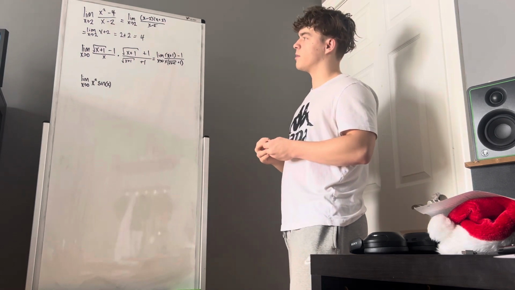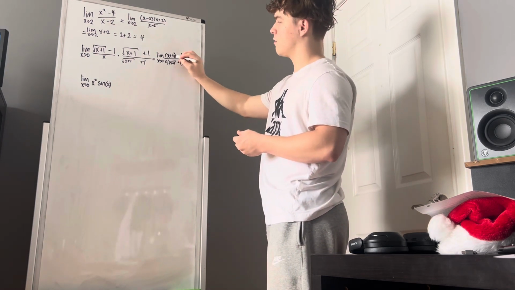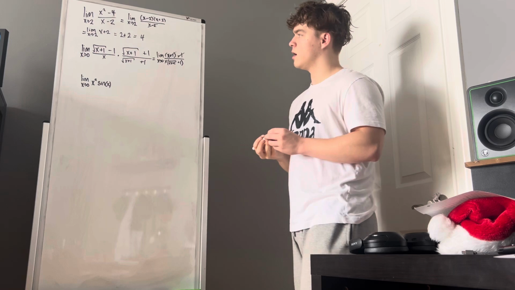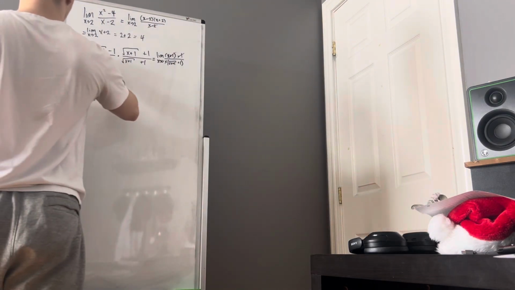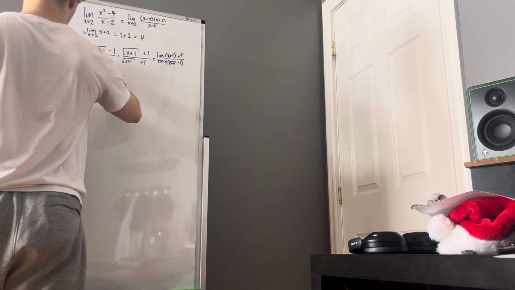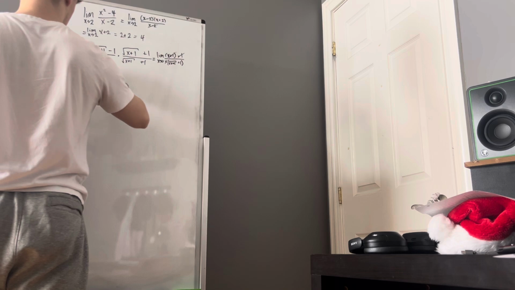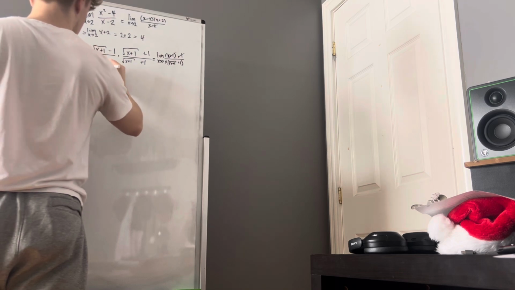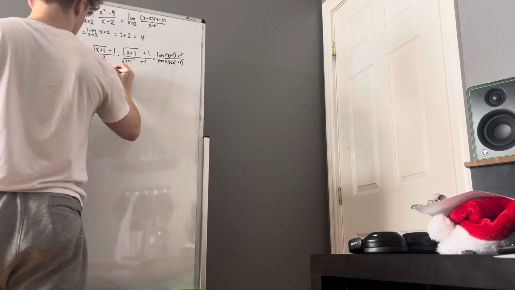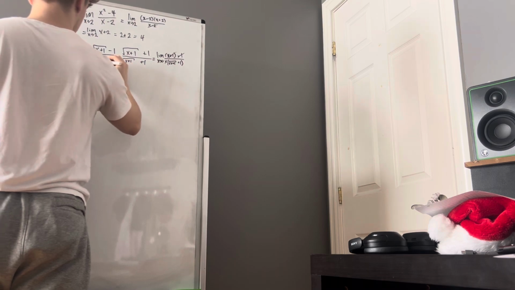And so what happens up here is this 1 and this negative 1 are going to cancel, and we're left with the limit as x approaches 0 of, I'm going to do it right at the bottom first. This one over x.